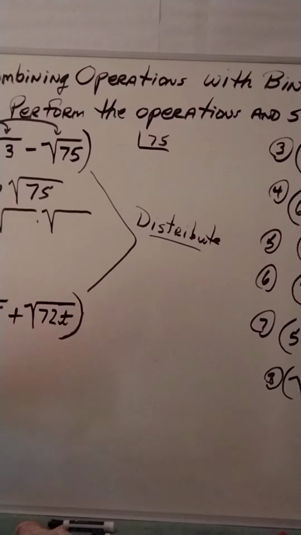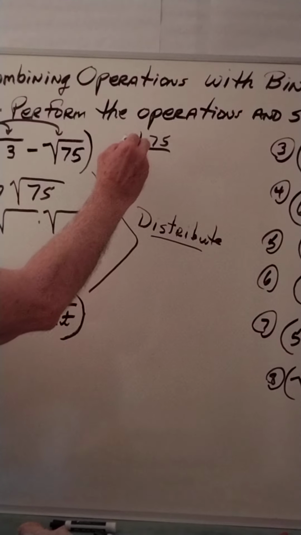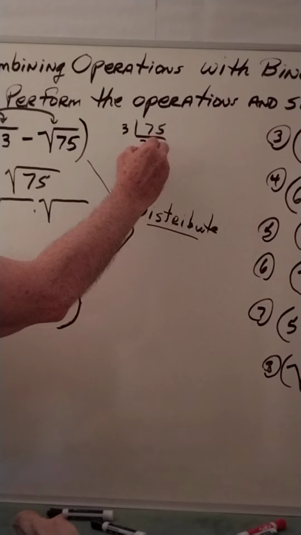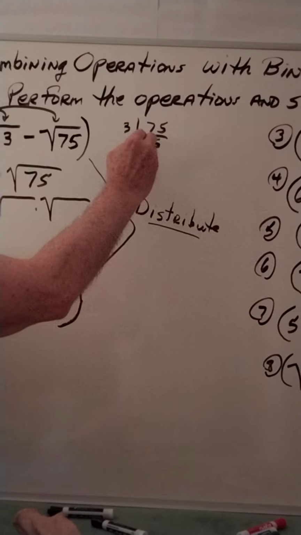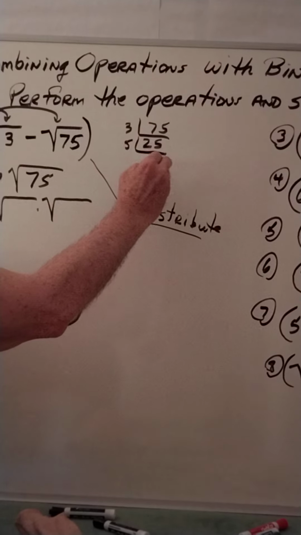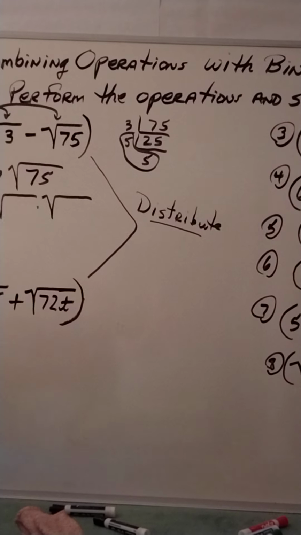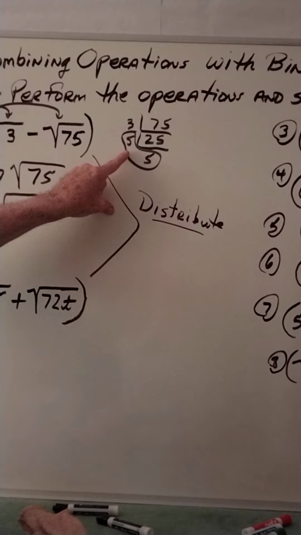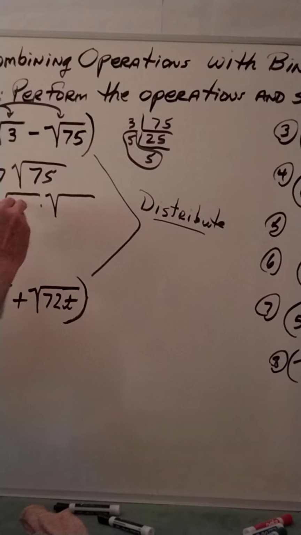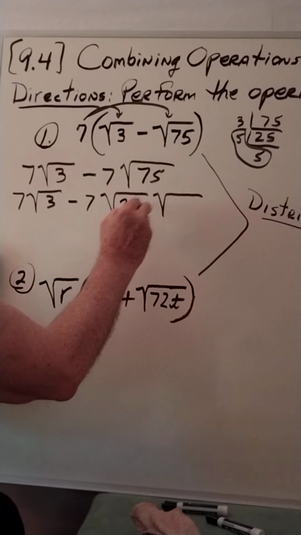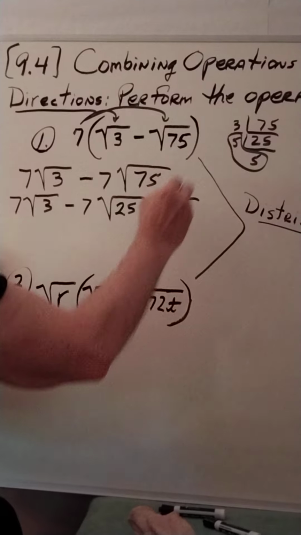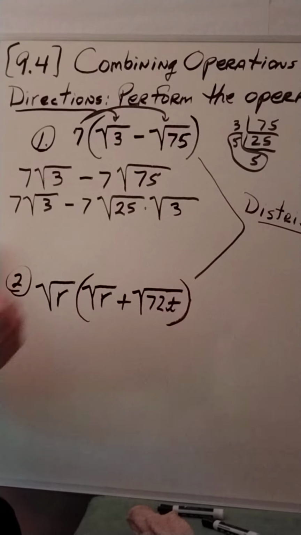75 doesn't have a 2, but it does have a 3. And it'll go into 75 25 times, and then we'll have 5, 5. We have 2 of a kind on the 5s. 5 times 5 is 25. That will go in the rational. And that little prime factor of 3 goes in the irrational.